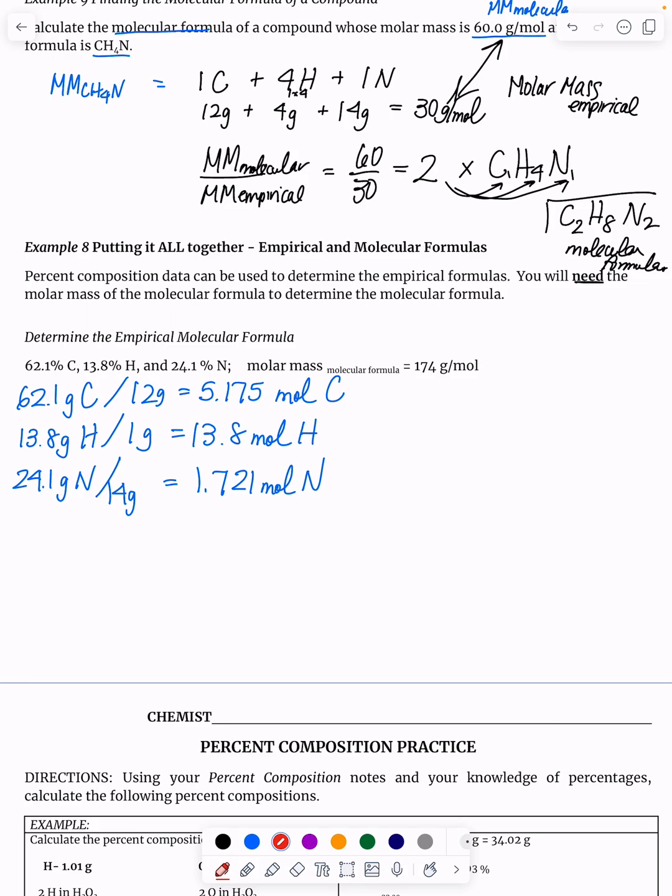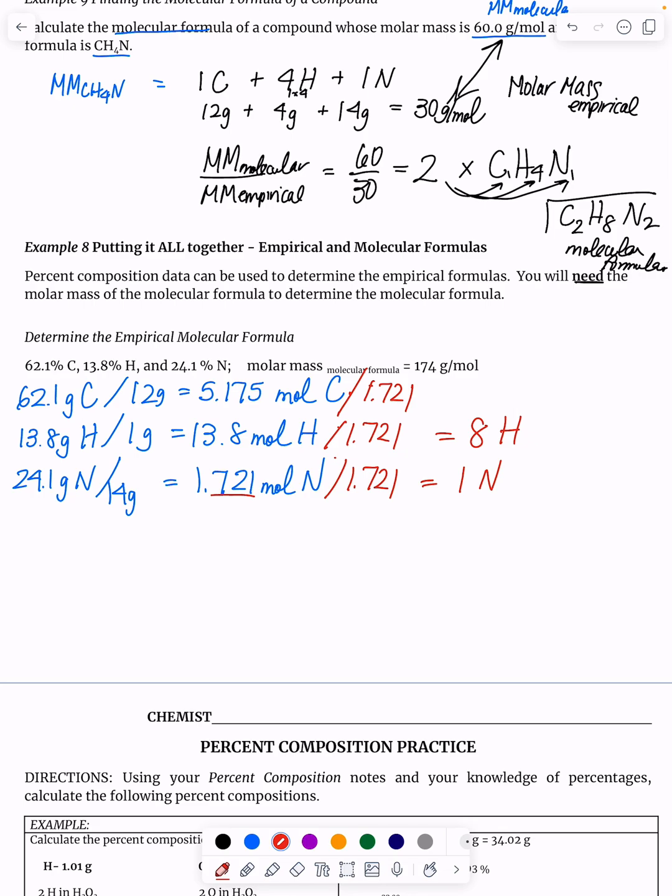My third step is dividing by my smallest moles. Between the three of them, it looks like my 1.721 is my smallest moles. So I'll divide each of these by 1.721. This gives me 1 nitrogen, 13.8 divided by 1.721 gives me about 8 hydrogens.